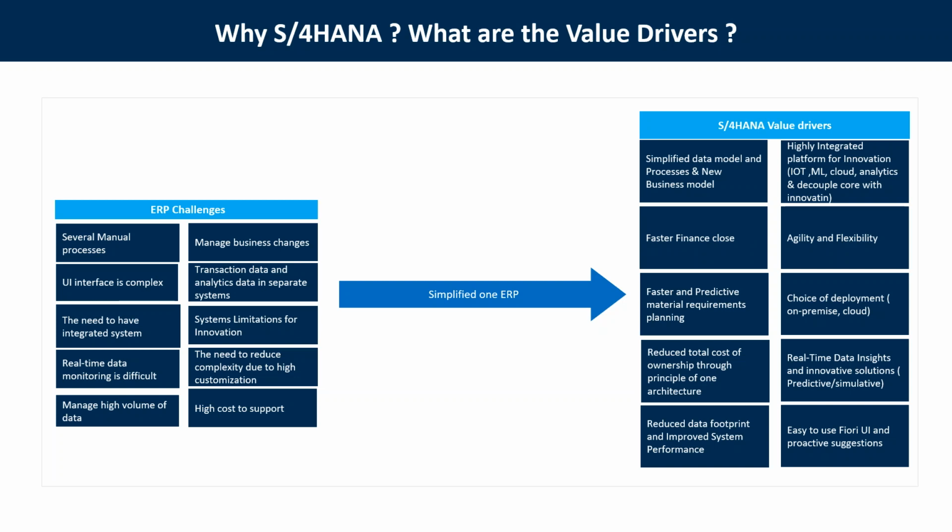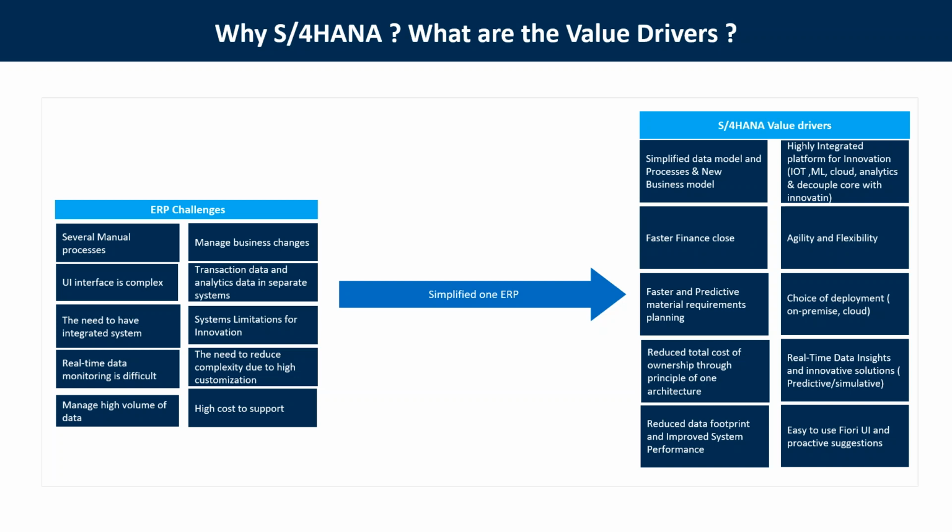And if you compare it with the ERP world, S4HANA provides a lot of options for you to integrate your business processes and data to other new digital technologies like IoT. If you want to mix your sensor data, your machine learning data, or any cloud solution you want to integrate, or your analytics data warehouse platform, this helps you in a lot of integration using SAP Cloud Platform as a platform for all the integration and innovation.